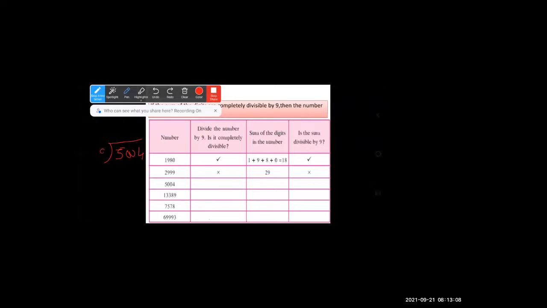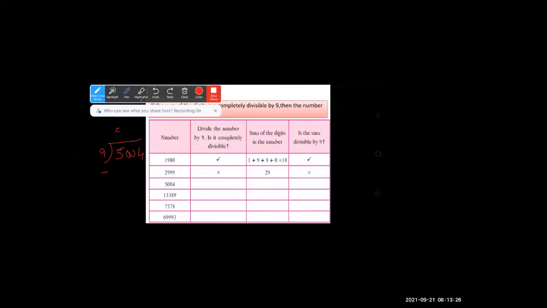We all know that. Yes. Just tell me, it's just a revision. First, you tell me whether it is divisible or not. Yes, teacher, it is divisible. It is divisible, means you get the remainder as 0, right?